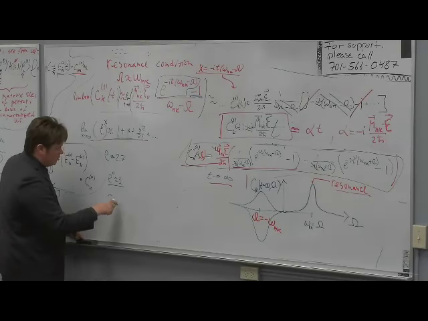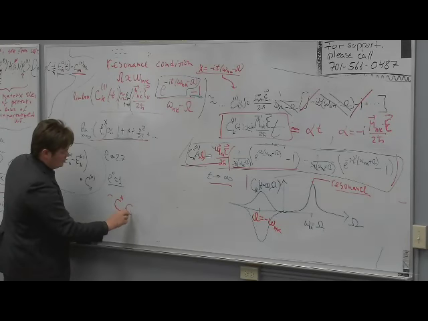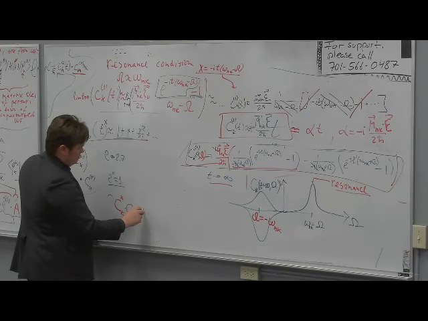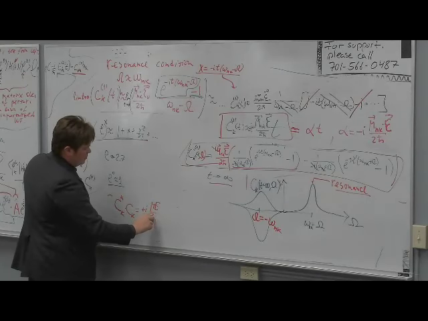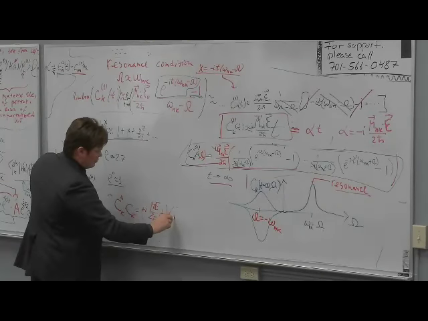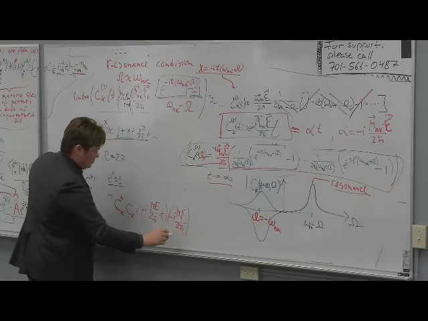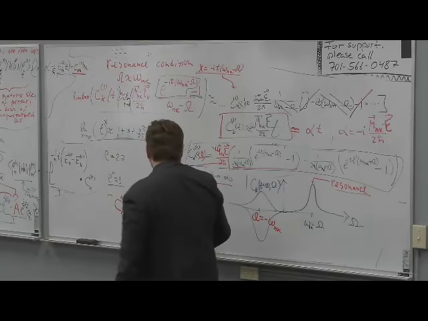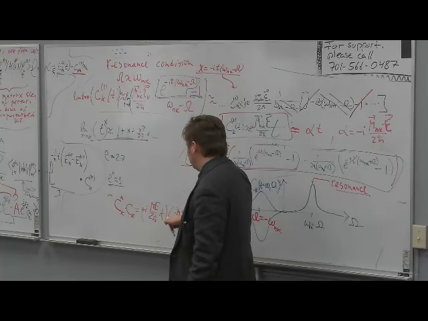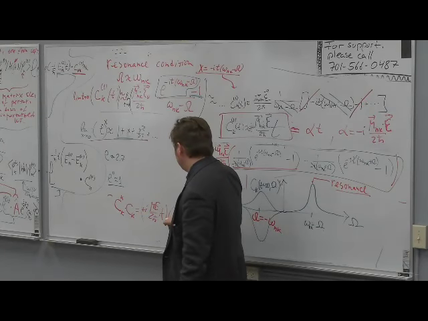Let's look at the occupation. c_k star times c_k will be plus i times the matrix element over 2 h bar times t, times minus i over 2 h bar times the matrix element times E. I times i gives minus, minus times minus will be plus.